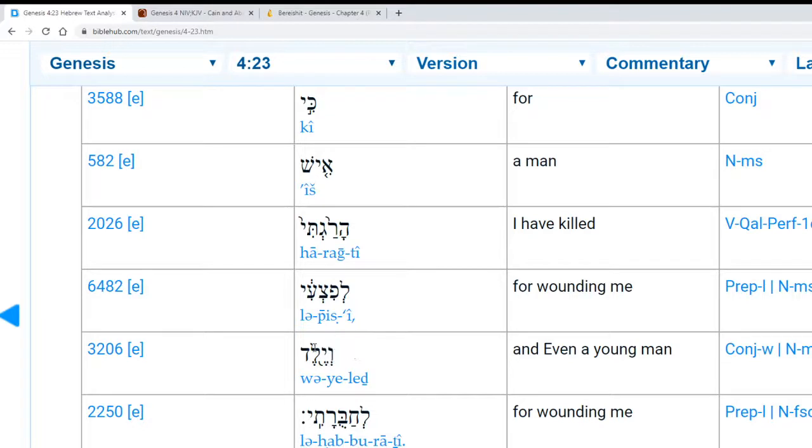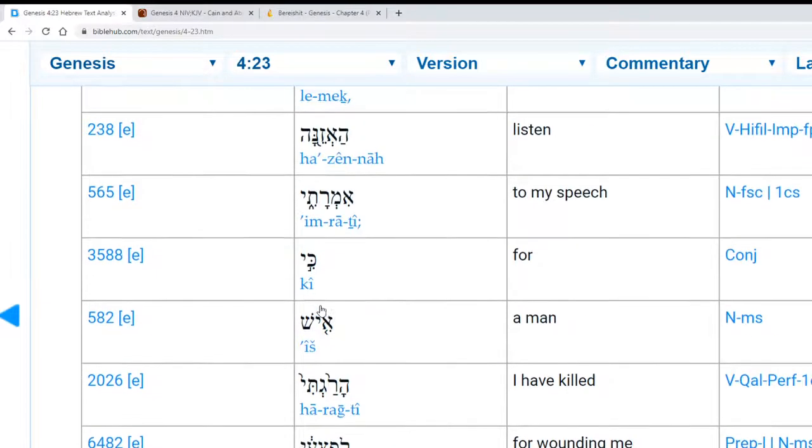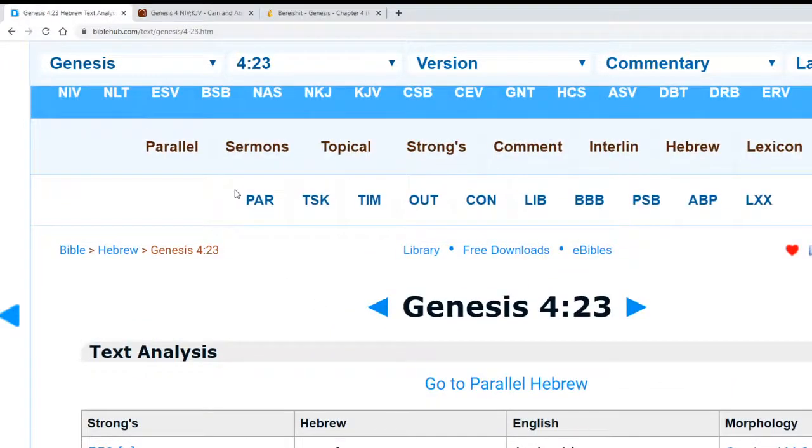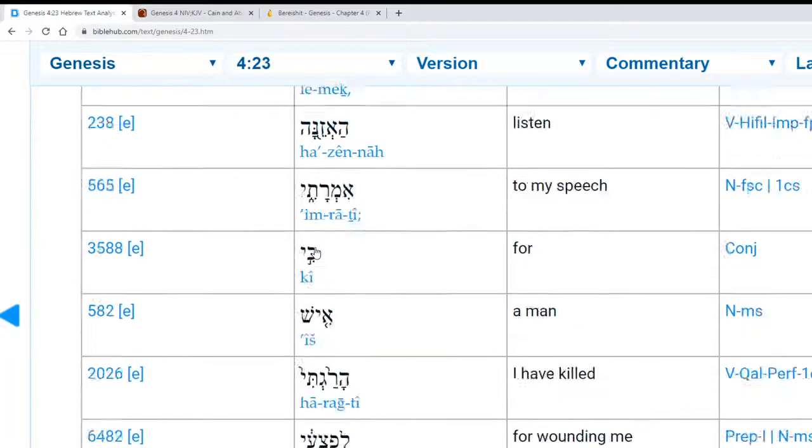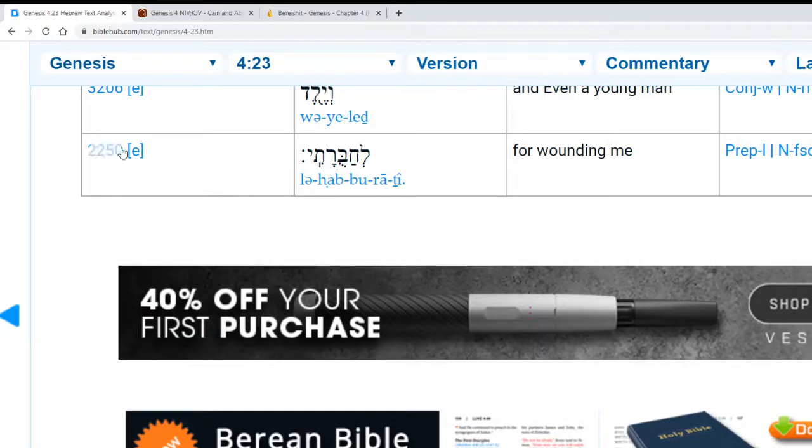Conjunctive vav, yeled, comes from to give birth. I don't know why they're translating this as and even a young man. Lechaburati. The lamed is prepositional. Chaburati. So a chabura is a wound. Can also mean a conjointing. Let's see here.